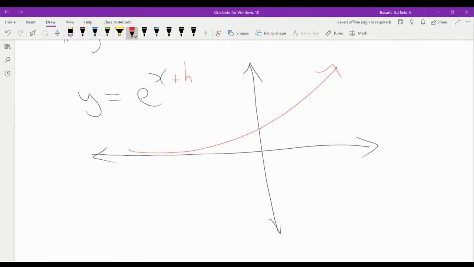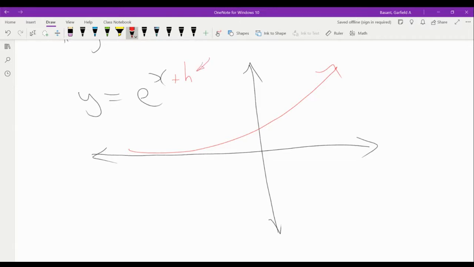It shifts along the y-axis. So you mean that's a vertical shift? Yes. All right. Close, you're on the right track, but it's actually the other way around.